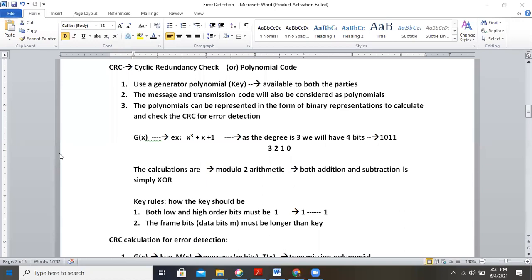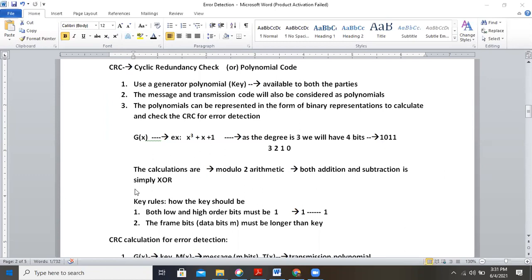If one is 1 and the other is 0, then it will be 1. That is the XOR operation. This XOR operation we use for addition. If I am adding two binary values, like 1011 and another value 0110, and I want to perform addition or subtraction, I should perform the XOR operation.